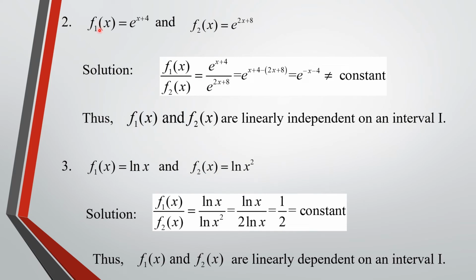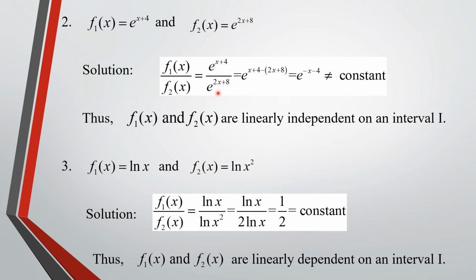Example number 2. f1 of x is e to the x plus 4 and f2 of x is e to the power of 2x plus 8. We are going to take the quotient of f1 and f2. So here I take f1 divided by f2. f1 is e to the x plus 4 and f2 is e to the 2x plus 8.